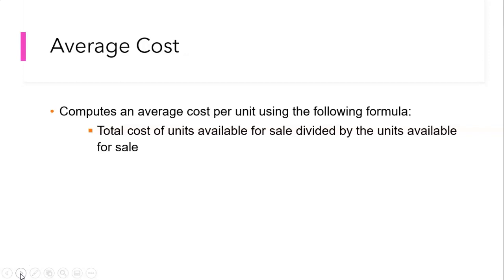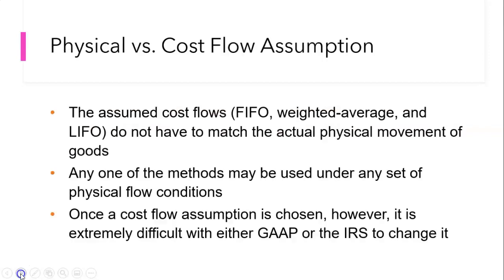Now this average cost in the perpetual system is going to move because we're purchasing new things that may add or subtract from that moving average, and we're selling things. So the average is moving up and down as time goes on.